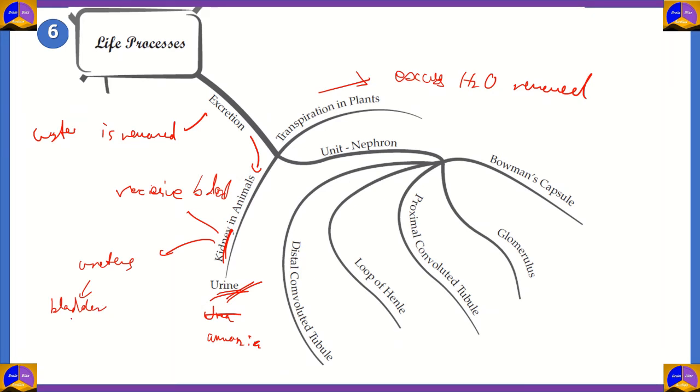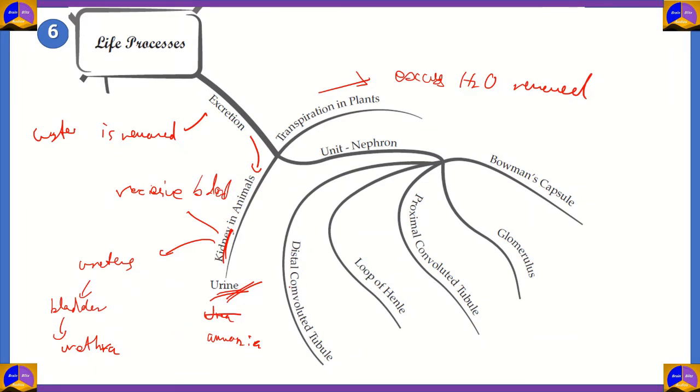Then when the bladder gets full, it passes through the urethra, which is a duct which removes the waste from the human body.